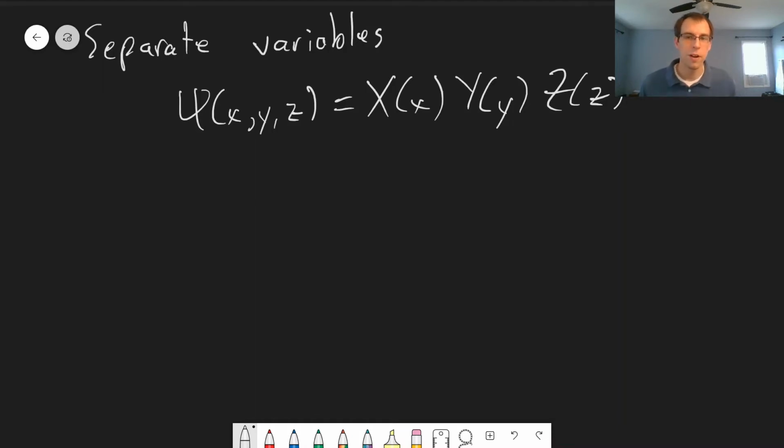So now that we've separated our variables into these different parts, we can separate out our Schrodinger equation into 3 separate parts. We can take our del squared operator and look at just the x part, just the y part, just the z part.